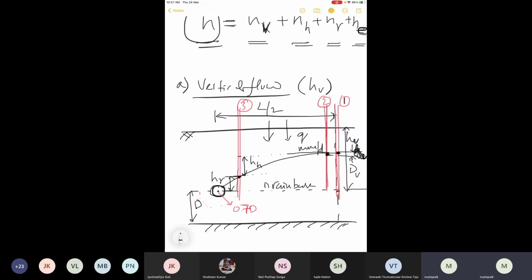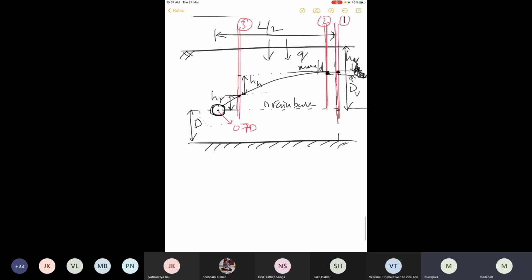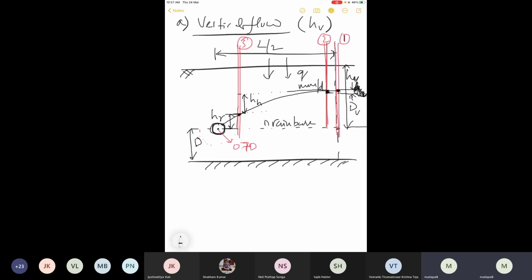Theoretically, we are going to formulate it, and that's what we are doing here. For HV, I'll use Darcy's equation exactly at the center.